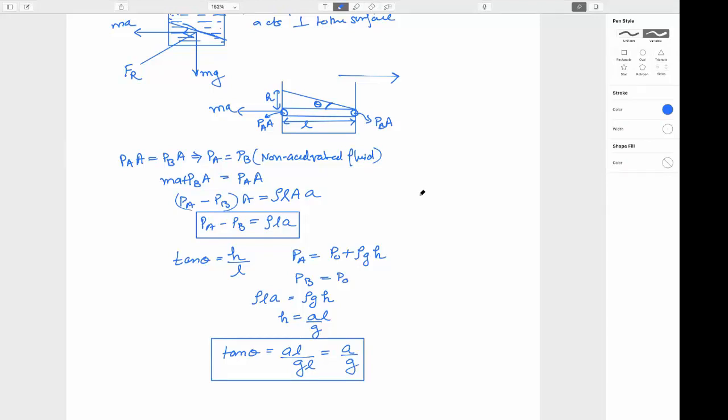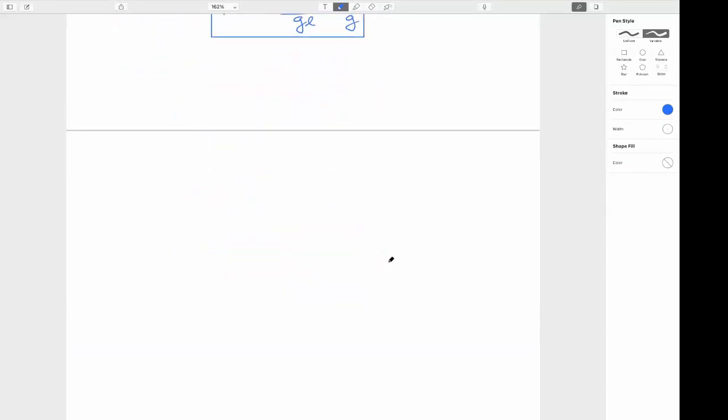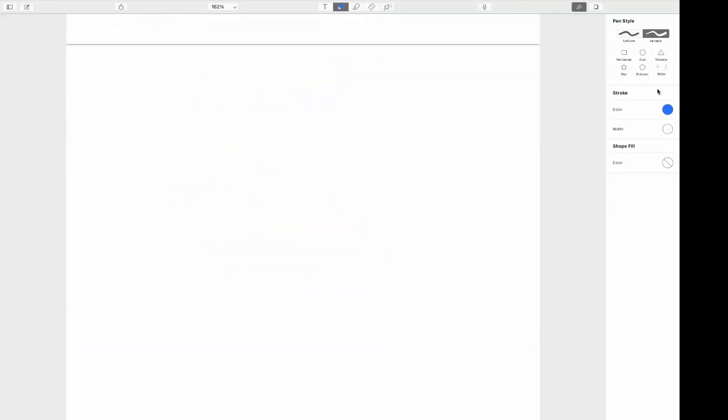I will be giving one question for tomorrow and we'll start tomorrow's lecture with that question. The question is: a cubical container with side L is completely filled with water.